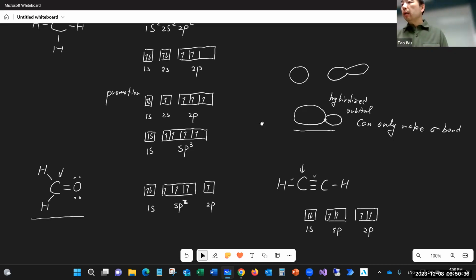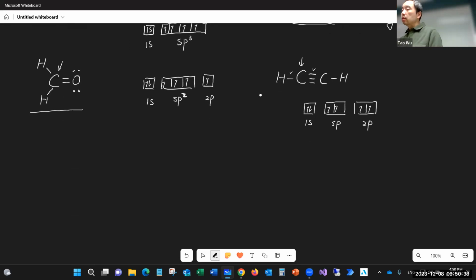So if you want to know what kind of hybridization, you just need to count the electron domains. Number of electron domains, and then hybridization.